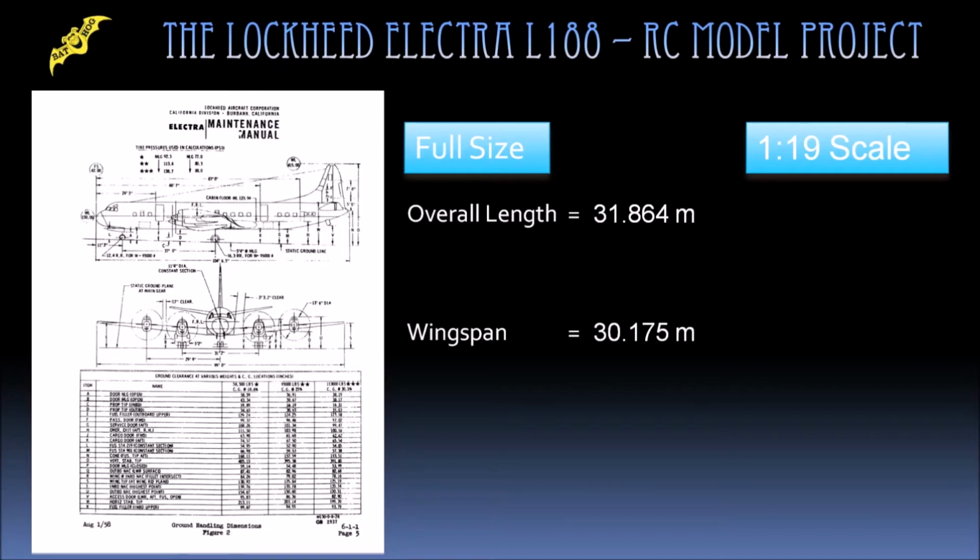So I'm doing my model at 1:19 scale, and that gives me numbers of 1676 millimeters for the length, so it's quite a big beast, with a 1588 millimeter wingspan. So without further ado then, let's head off over into Blender.